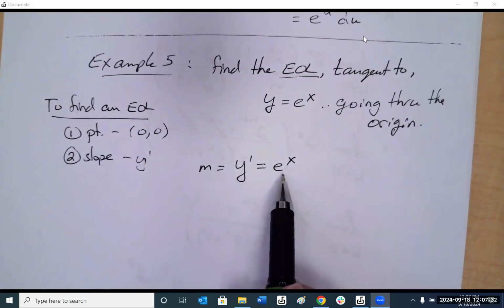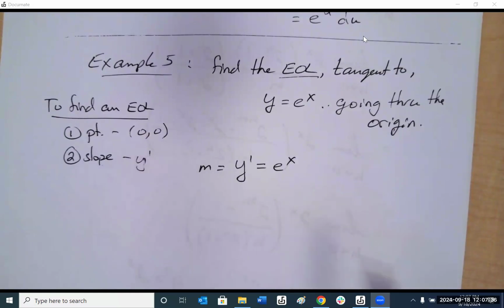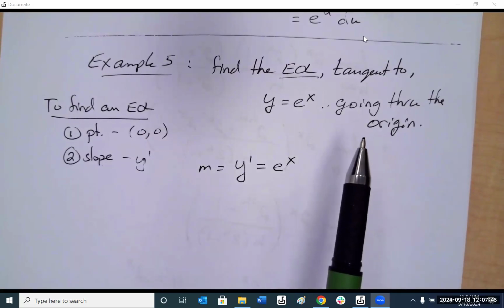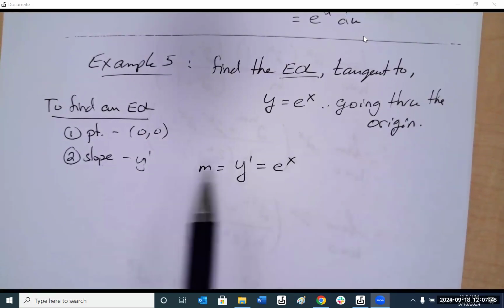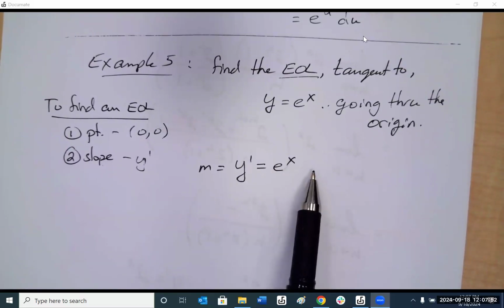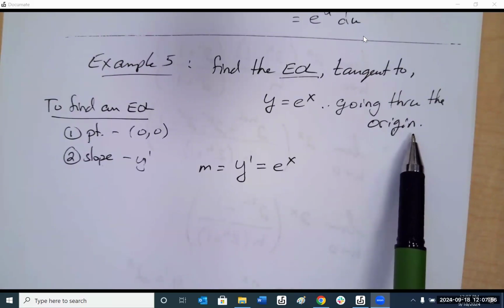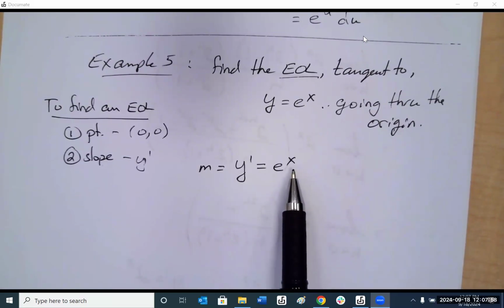We don't have a value for a slope yet. We can't use 0, 0. Or can we? Think about that. We're finding the equation of a line. We have to know the slope. So this has to be a value. And it has to go through the origin. So we need an x value. What x value do we use?